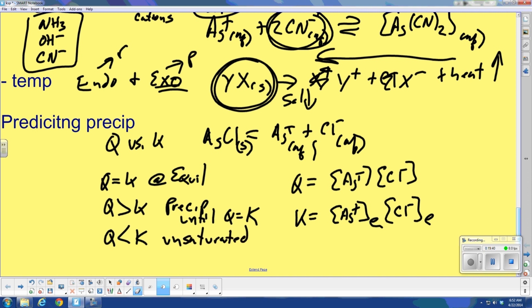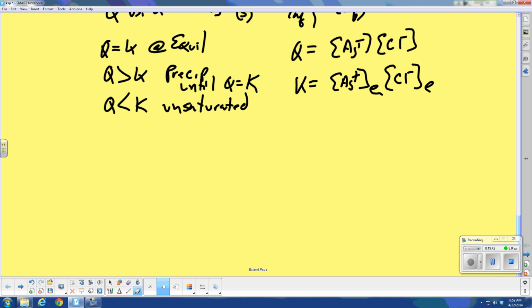Good. Final one. Let's say we want to know what's going to precipitate first. Let's say I have lead 2 chloride and I have silver chloride, and we're going to start adding some chloride and see which one of these precipitates first. We do need some initial concentrations.